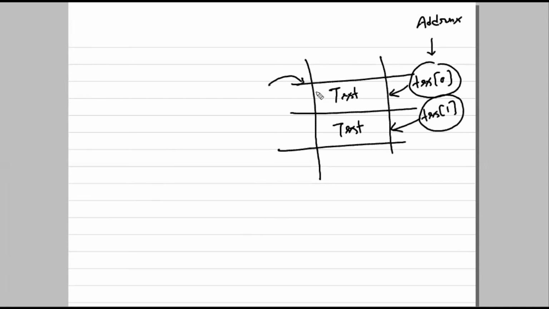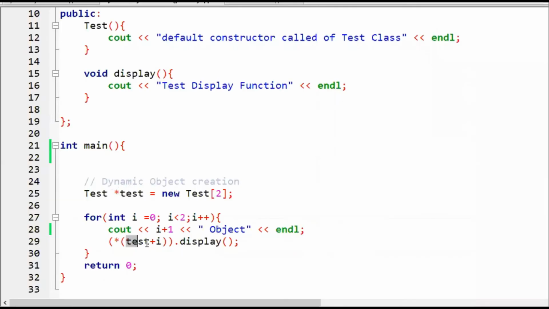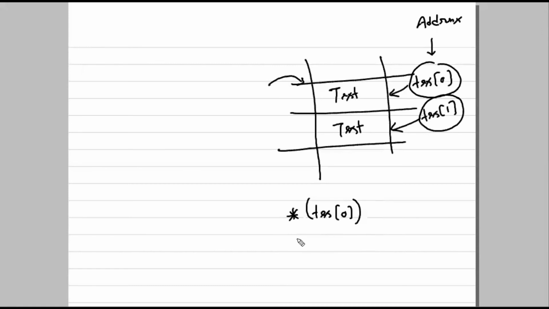So to get the content, to get this object, I'll simply use asterisk of test 0. That is what I'm doing, right? And for the next, I do test 1. Instead of that, what I have written is test plus 0, and to know this, I have written test plus 1.